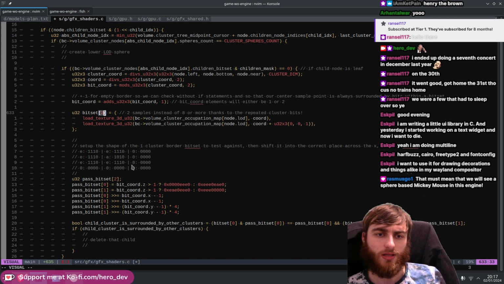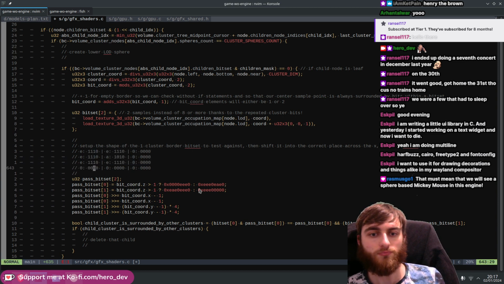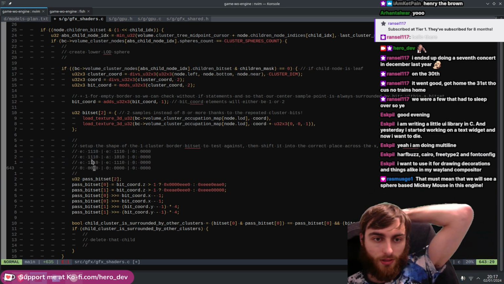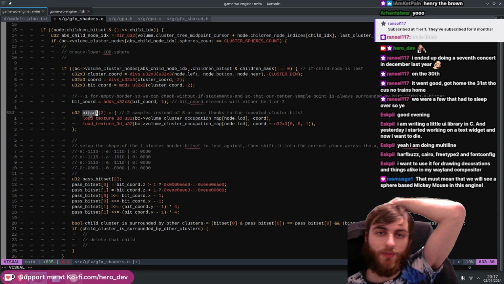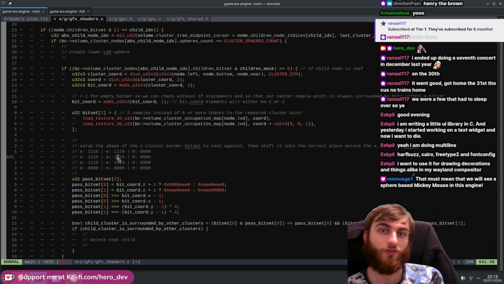So basically, we need a wall of zeros, and then a wall of ones. If it's not there, it means the middle sample point is inside the first bit set 0. We need a wall of ones and then a wall of these guys, where the middle one is missing because that's where the sample point is.